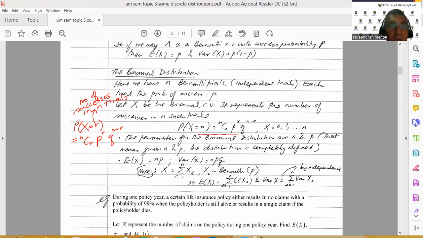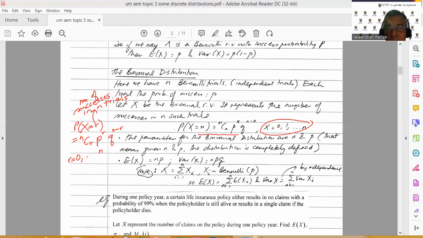R can go from 0 all the way up to N. You can have 0 successes. I repeat, when you throw a coin 5 times, if you call a head a success, then you can get all tails, which means you don't have a success at all. So that's what I mean by R can be 0 and go all the way up to N. You can have all your 5 tosses coming out as heads.